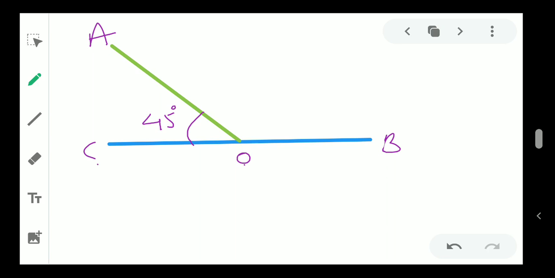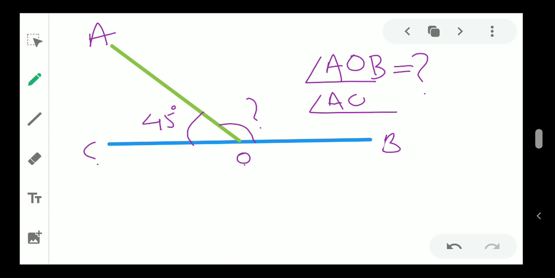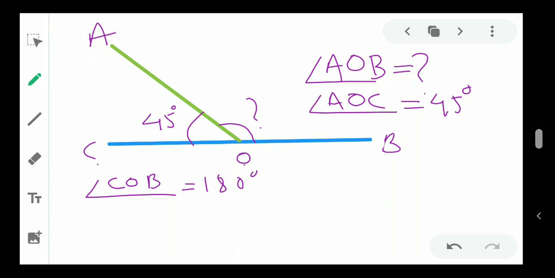That means this much of amount is 45 degree, and you have to find out what is this much of amount. So you have to find out AOB, but you know your AOC, that is 45. Also you know your COB because it is 180 degree. So total you know, and 45, this much you know. So how much will be this?